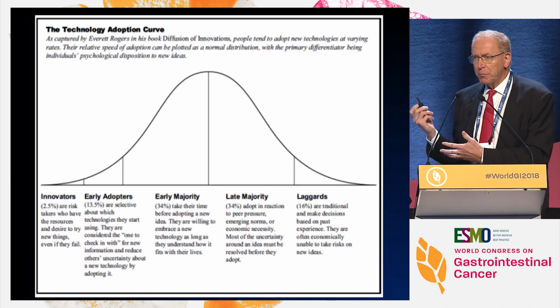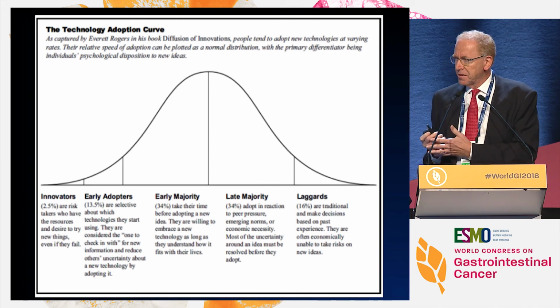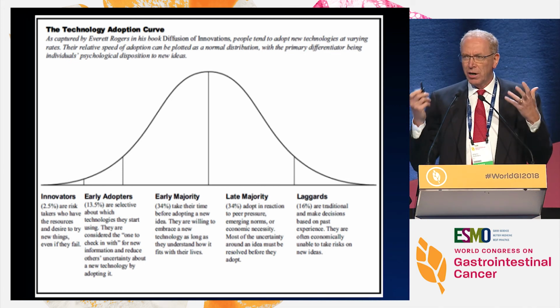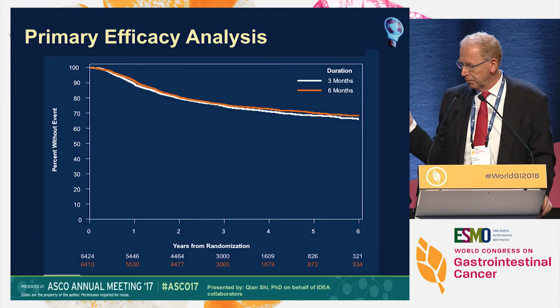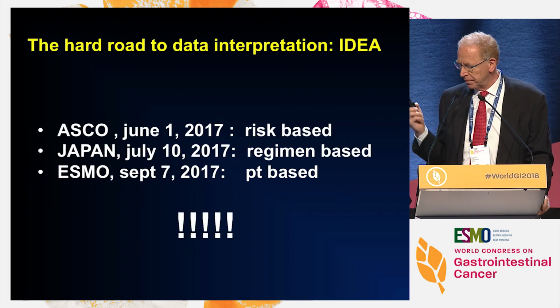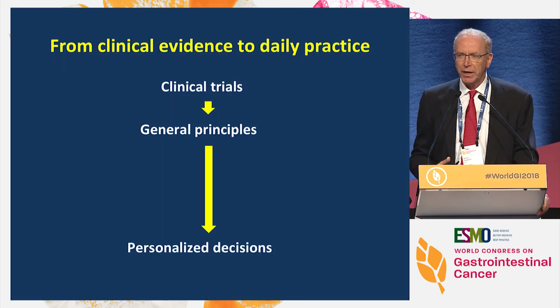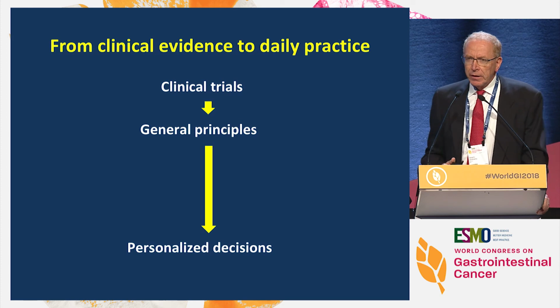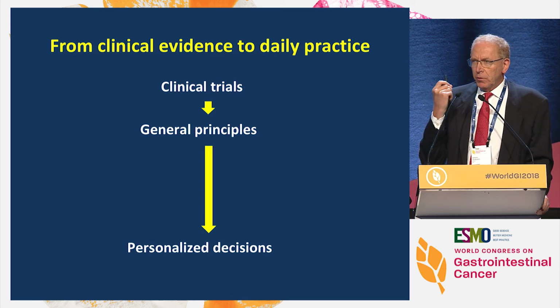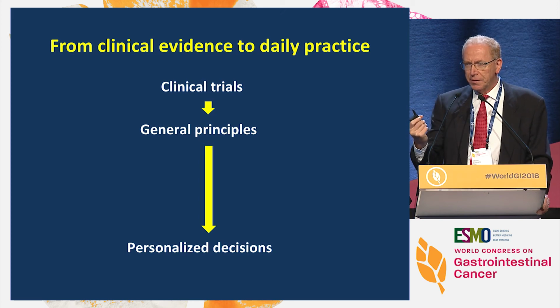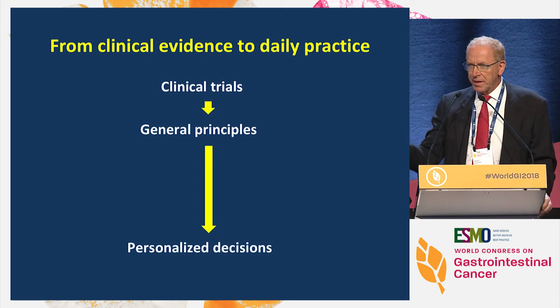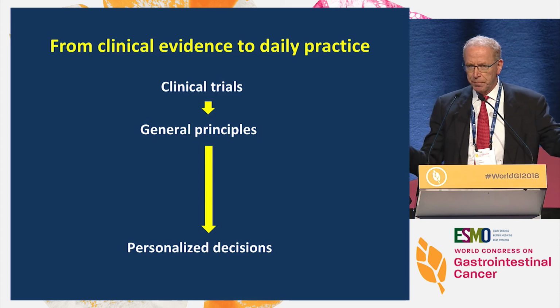Okay, I had the example of the IDEA study in terms of how hard data interpretation can be. But that was already addressed during the conversation we had, so I can skip that and go directly to my conclusions. So in the end, when you come up with a new clinical trial and you want to know if this impacts your clinical practice, that means transferring these data to the patient-doctor relationship.